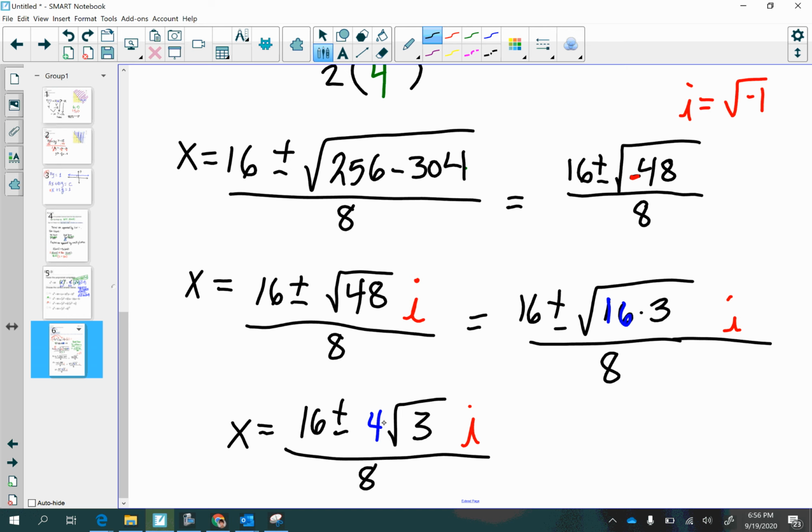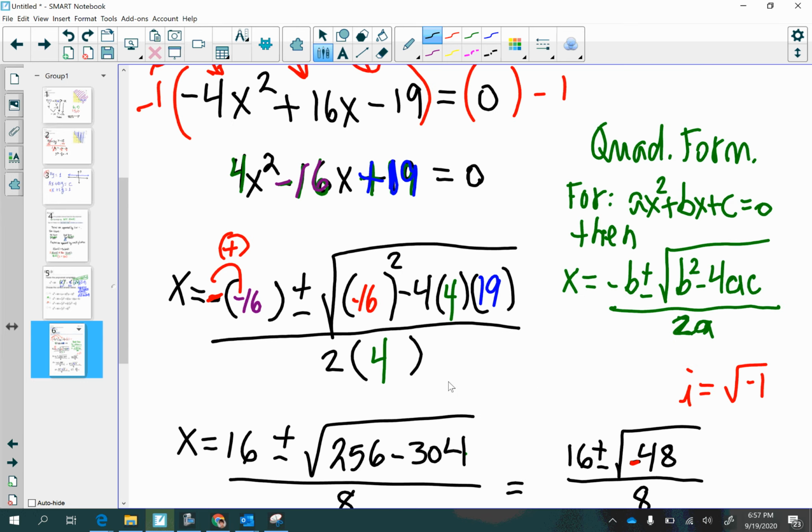So if I divide all of these by 4, I'll have my simplified result, which is 16 over 8 is 2, plus or minus 4 over 8 is 1/2. So I can write that as the square root of 3 over 2, and then i. So those are my two solutions from that part of it.